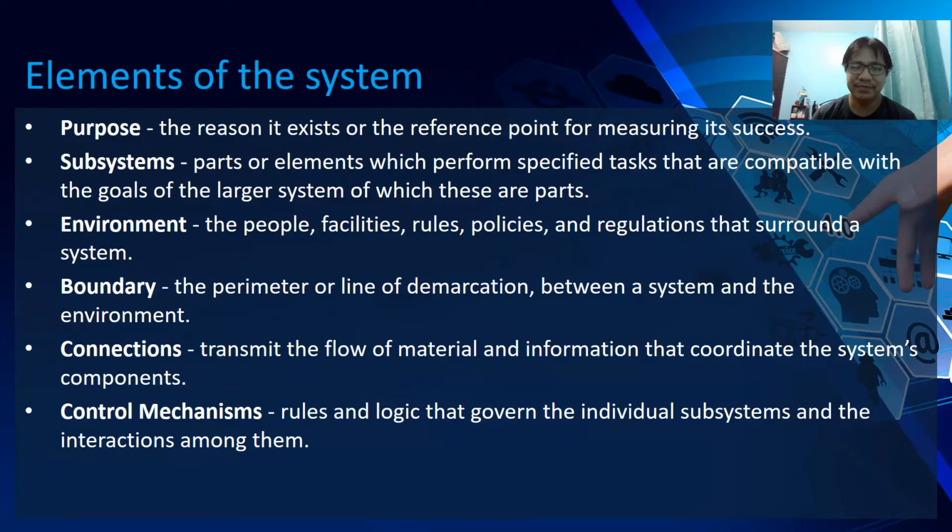Next, boundary. The perimeter or line or demarcation between the system and the environment. So what is your boundary? Connections transmit the flow of material and information that coordinates the system's components. They transmit the flow of material, how they process a system. For example, you encode, and then where does the data go after this?